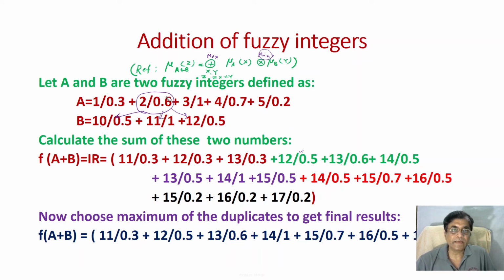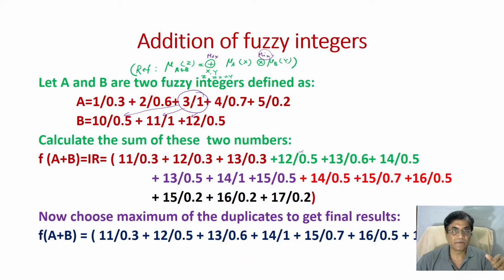In this way, I will have to continue for all the elements. Addition has to be done for all the elements in fuzzy set 1. So this to be added with this, and this, and this, and it will give you 10 plus 3, 13, and 0.5, plus 14 with membership value 1, isn't it?